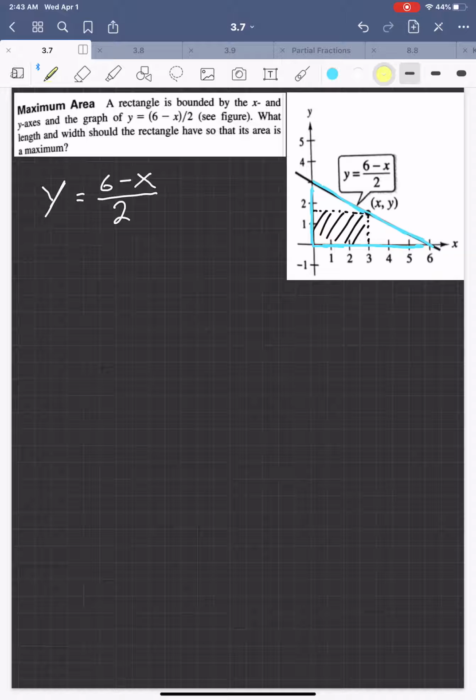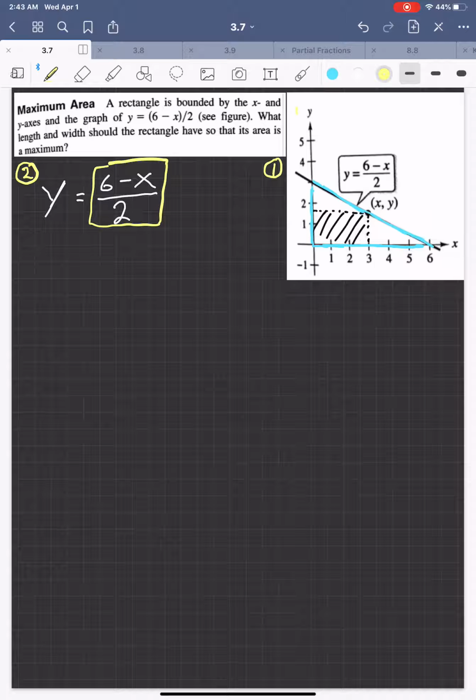Okay, so step 1 has already been done for us, right? That is draw a picture, try to get a feel for the problem. Step 2 was to see if you can find some equations, some formulas that relate these quantities. Now, I like these problems when they give me an equation like y equals 6 minus x over 2.